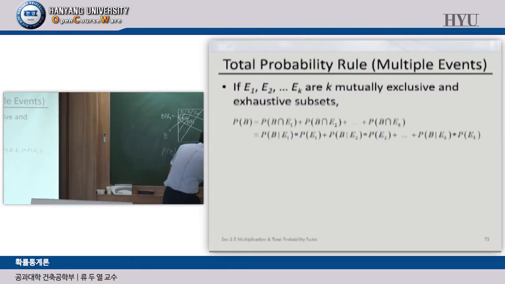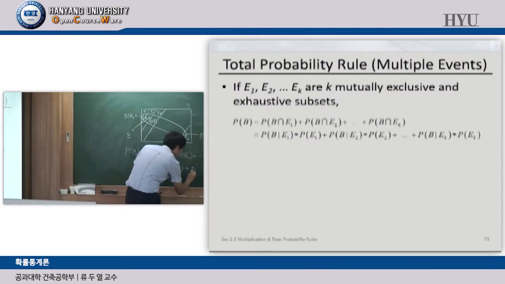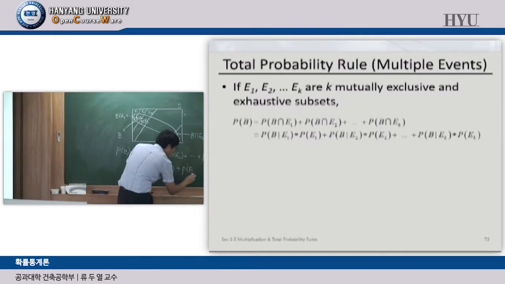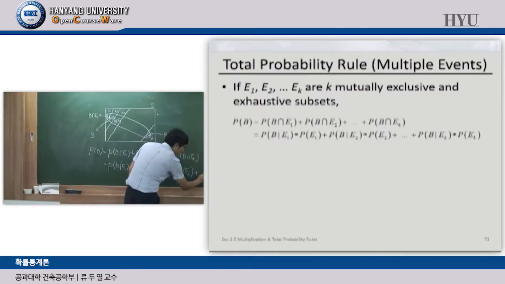Plus, this also can be expressed as the conditional probability of B given E2 multiplied by the probability of E2, plus the conditional probability of B given Ek multiplied by the probability of Ek.